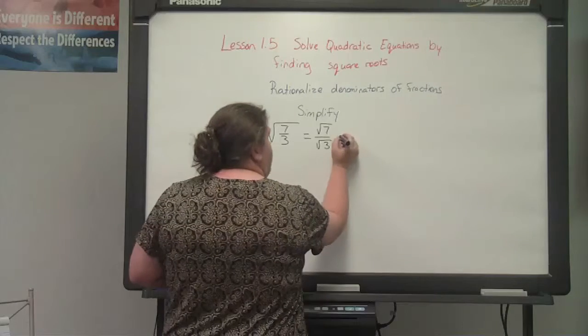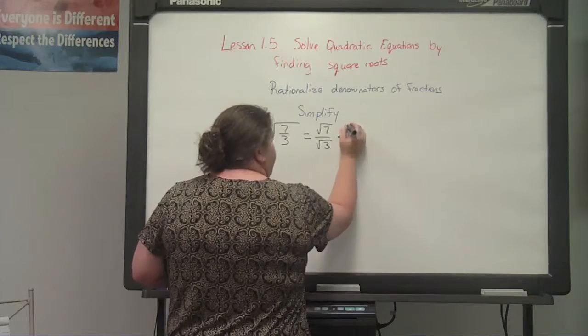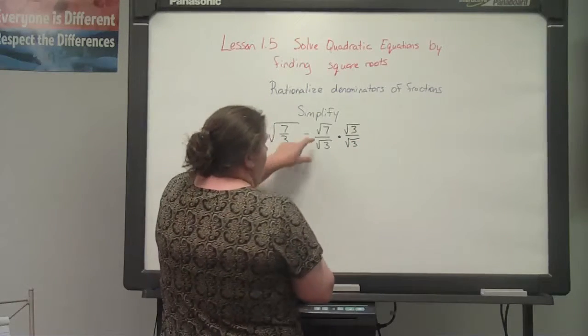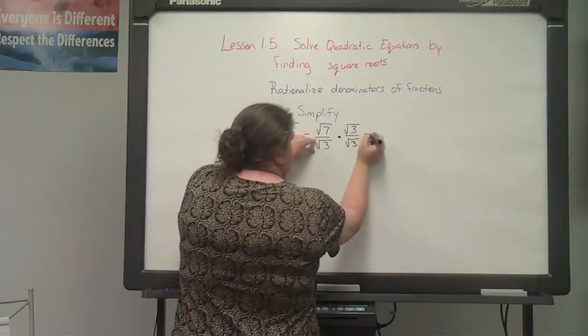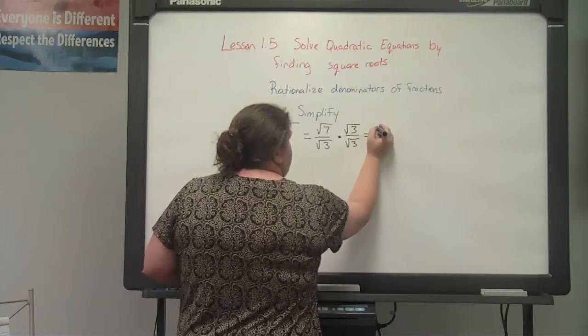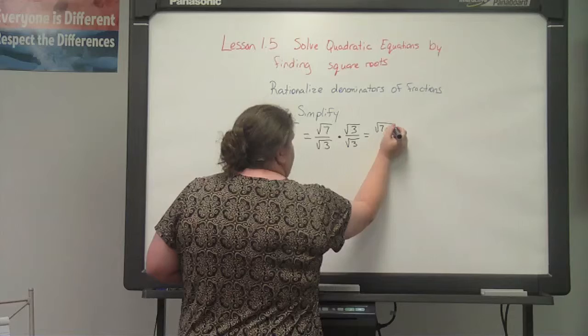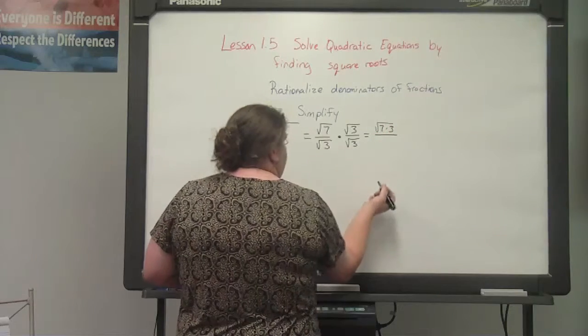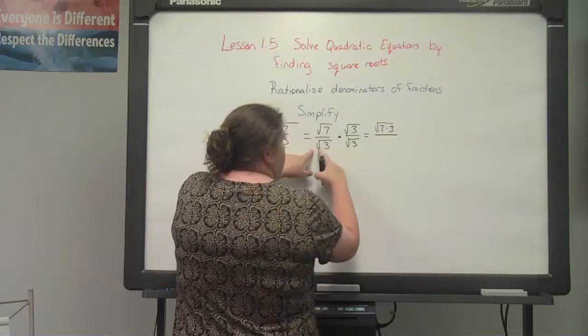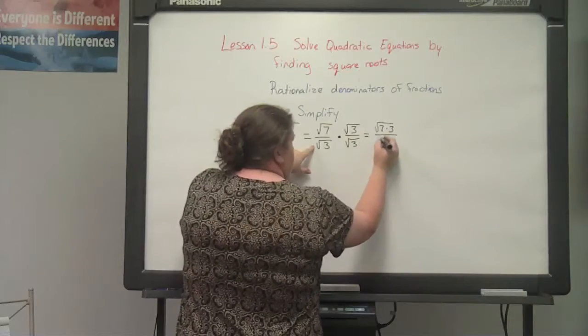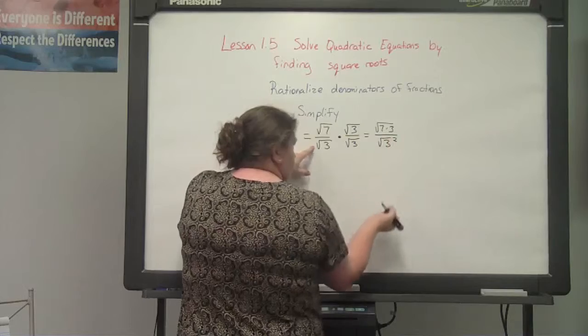Remember, we do that by multiplying the top and the bottom by our radical. So now we have the square root of 7 times 3 over the square root of 3 times the square root of 3, which is the same as saying the square root of 3 squared.